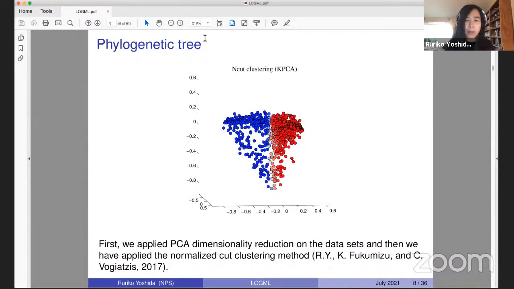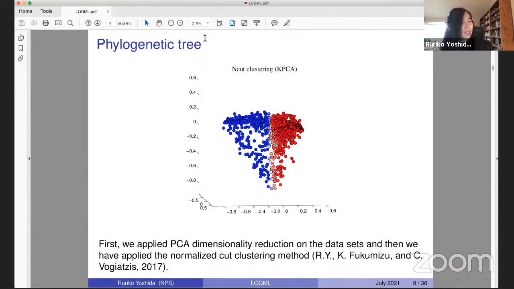Wait a moment. That looks like the shape of the tree space. And tree space is the space of all phylogenetic trees with fixed labels of leaves. Because I work on phylogenetic trees, I kind of knew the shape of the tree space.